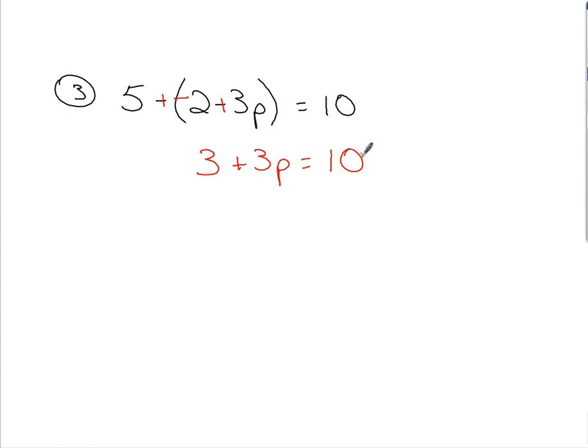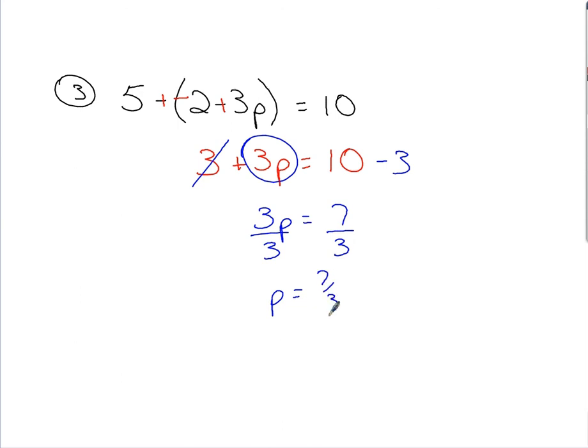So at this point, solving for the variable, I'm taking this 3 and subtracting it over. If I subtract it over, I've got 3p equals 7. Divide through by 3 if you want to show that step, because the fraction is being formed. Either way, p is going to equal 7/3.